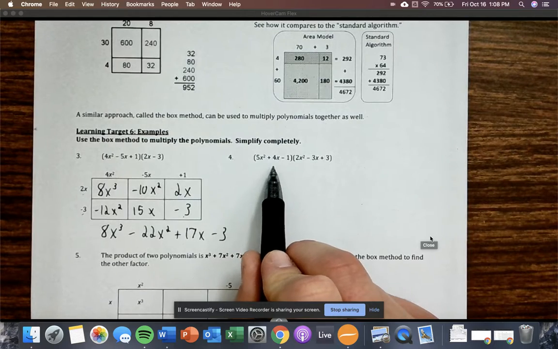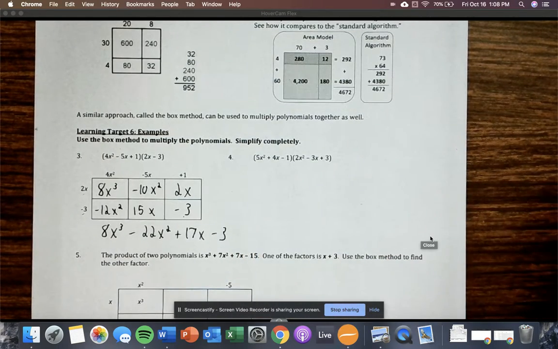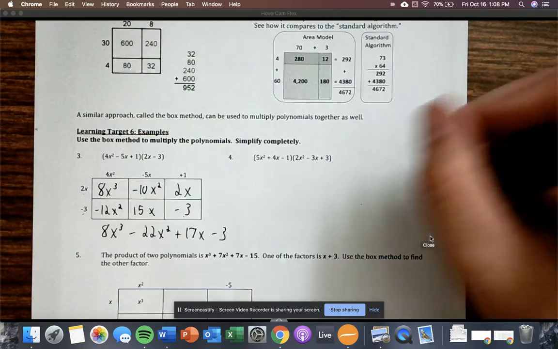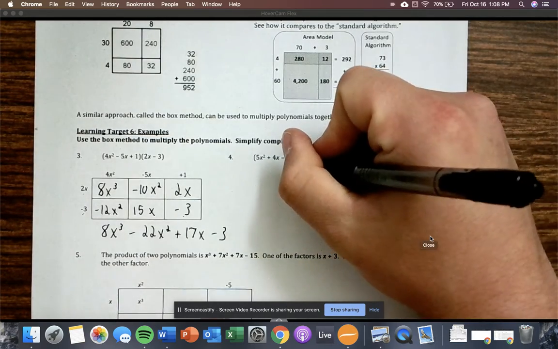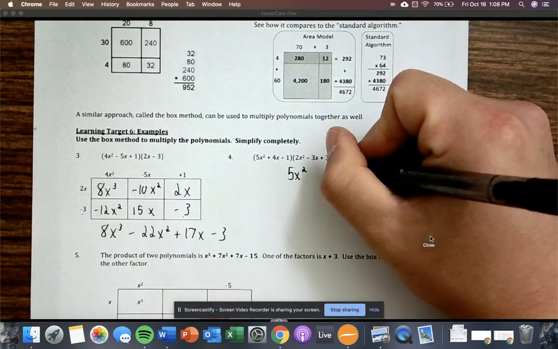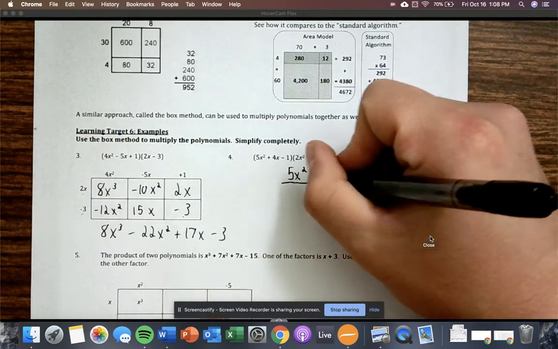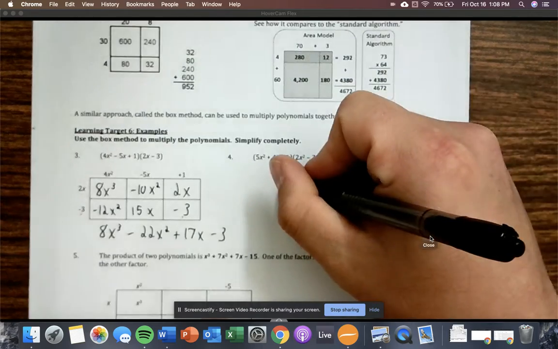We have 5x squared plus 4x minus 1 times 2x squared minus 3x plus 3. So we're just going to write out our box here. We're going to have 5x squared and then 4x and then minus 1. We can draw out our box.